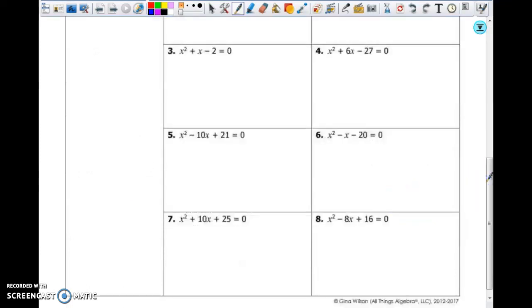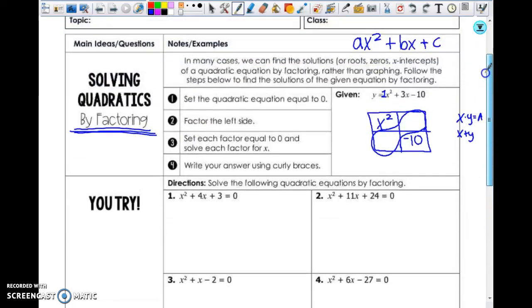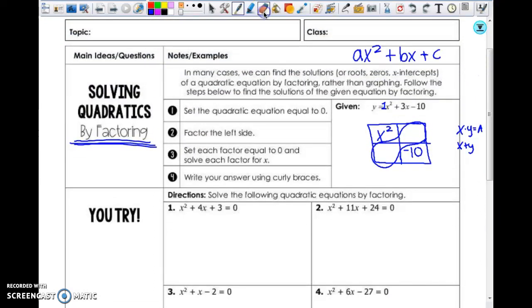So a times your c, I don't have enough space here, so I'm going to rewrite this. Okay, so the two numbers that go here need to multiply to your a times your c, and then they need to add to the b. You remember that? So for example, here, what's my a times my c?